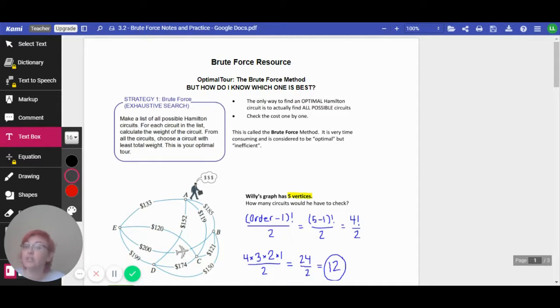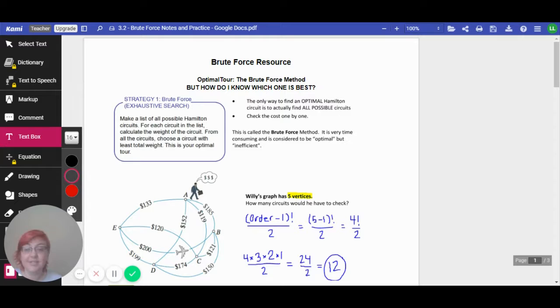And today we're going to look at the first one, which is called brute force, also known as the exhaustive search. And it sounds like exactly what it is. You're going to do the same thing over and over and over again until you find every possible solution. The way that we do it is we make a list of all possible Hamilton circuits. And for each circuit in that list, we calculate the weight.